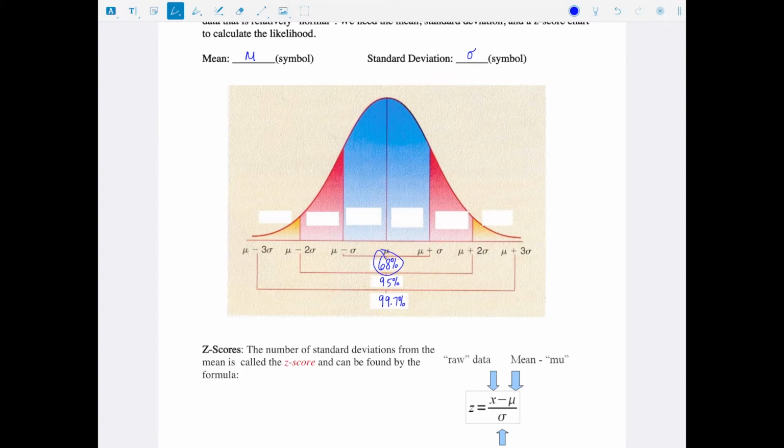If this is 68%, then we know that to the left there is 34% and to the right is 34%. And if this represents 68% and this is 95, the difference between those two is 27%. So that means there's half of it over here, which is 13.5, and half of it over here, which is the other 13.5. And then if this whole range from here to there is 95% of the data, and three standard deviations out, so 3 to the right and 3 to the left, is 99.7.